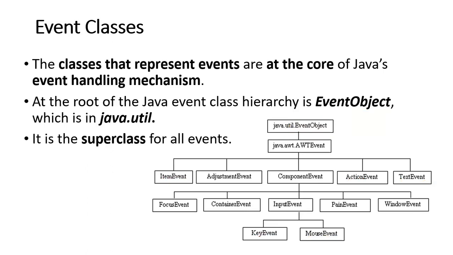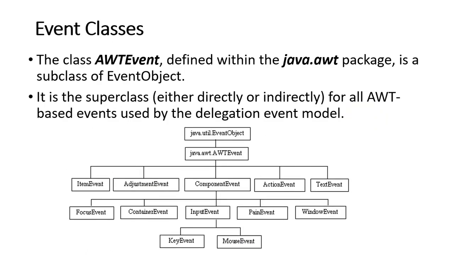However, when we think of a GUI component, even though EventObject is the base for everything, for us all the events are derived from AWTEvent. This is the class from which our GUI related events are inherited. So it acts as a superclass for our GUI components.